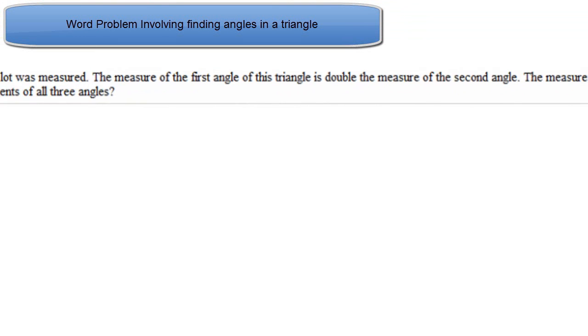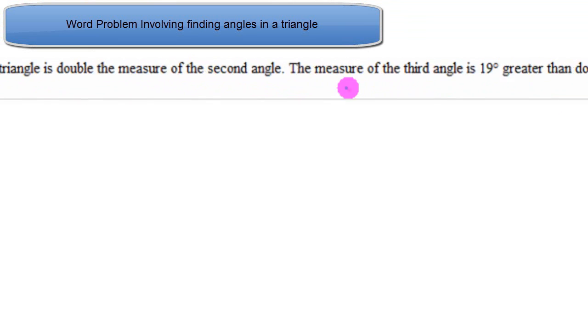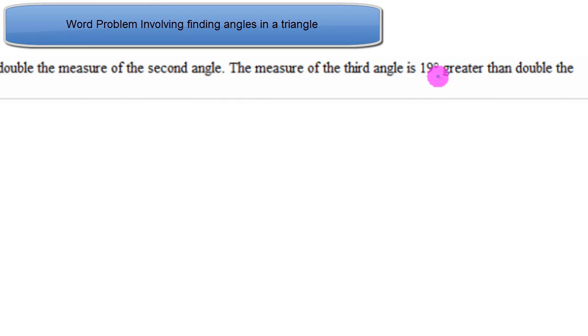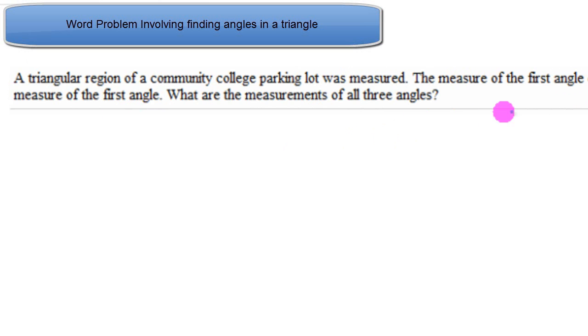For example, this sentence says, the measure of the first angle is double the measure of the second. And then it says the measure of the third angle is 19 degrees more than double the measure of the first angle.